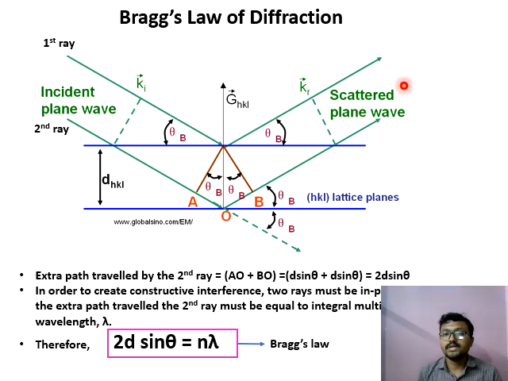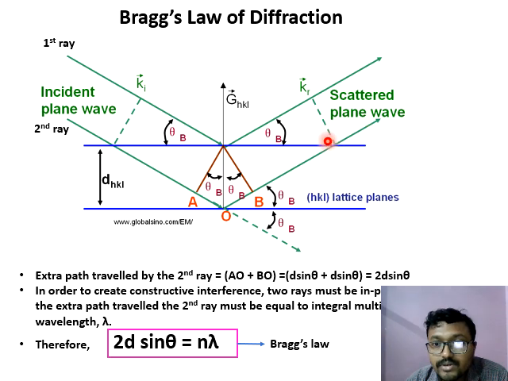Because if two waves are in opposite phase, there will be no constructive interference. If there is destructive interference, the detector will not get any signal. Therefore, the detector will get a signal only if the two waves are in the same phase, with constructive interference.